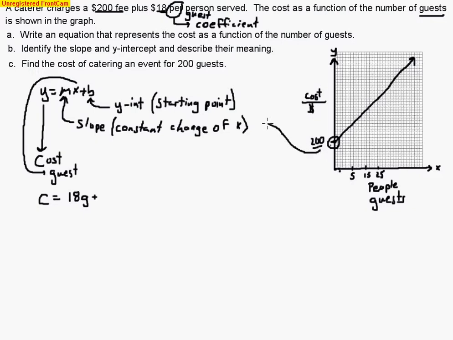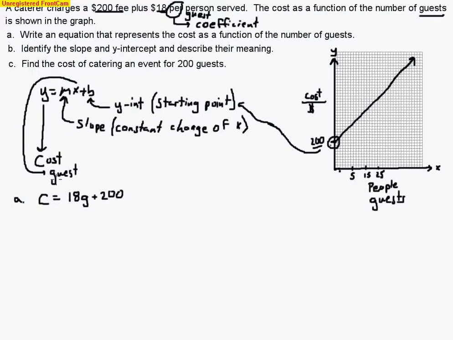That is our starting point. And so we'll go C equals 18G plus 200. So that's part A. That is writing an equation that represents the cost as a function of the number of guests. And that's why I use G, because they said it's a function of the number of guests.